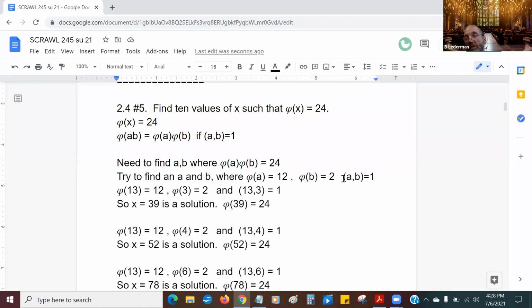Now we could try other things. We could let phi of A equal 6 and phi of B equal 4, or maybe we could find other examples. Or I could break them into three numbers, where phi of A is 3, phi of B is 4, and phi of C is 2, or something.